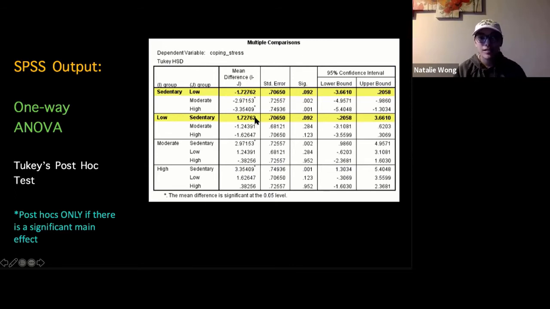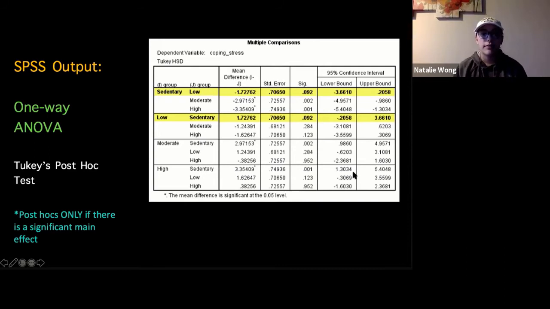The only difference in the calculation is that this mean difference is sedentary minus low, and this one is low minus sedentary. So this indicates that people who have low physical activity have a higher ability to cope with stress, because the value is positive here, but negative here. Okay. So with redundancies in the table, you only need to list the pair one time.